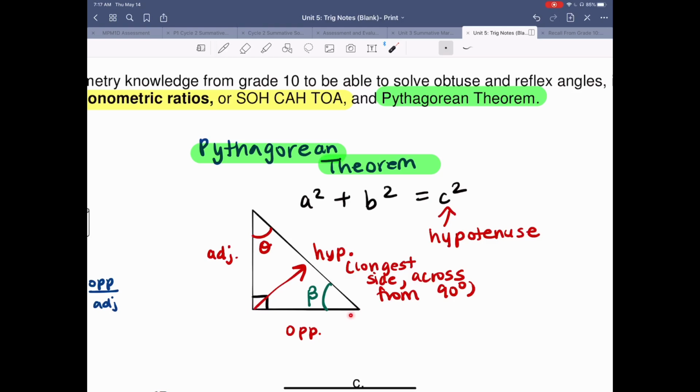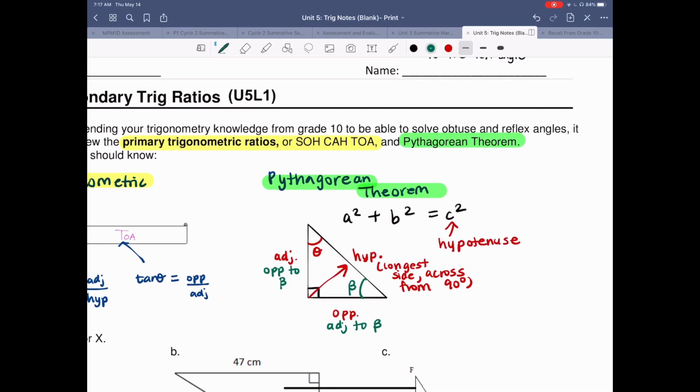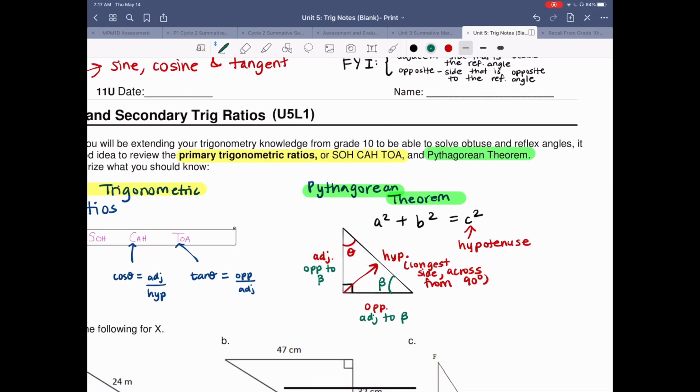The way I tell is the adjacent side is touching the reference angle, whereas the opposite side never touches the reference angle. So I'm going to write in that this one is adjacent to beta, and the other side is opposite to beta. I hope you're color coding, because otherwise it might not be as obvious if it's all in pencil.